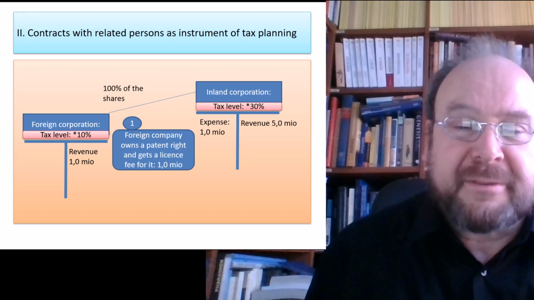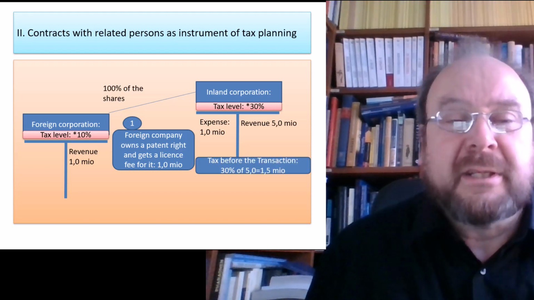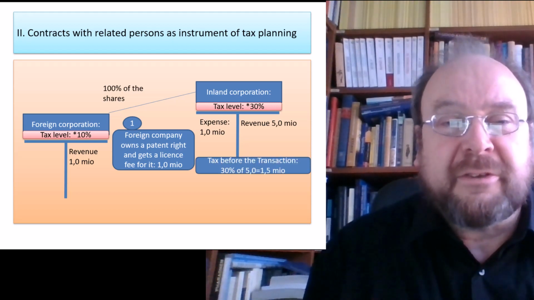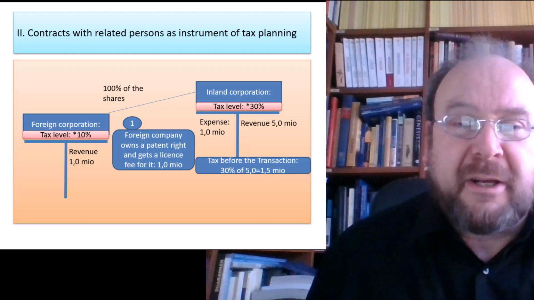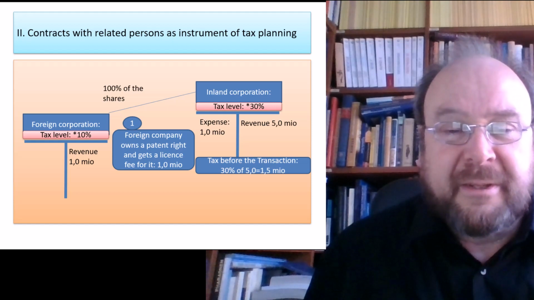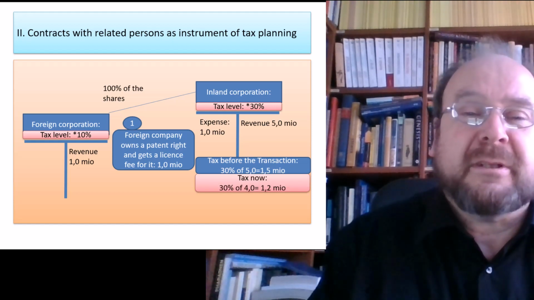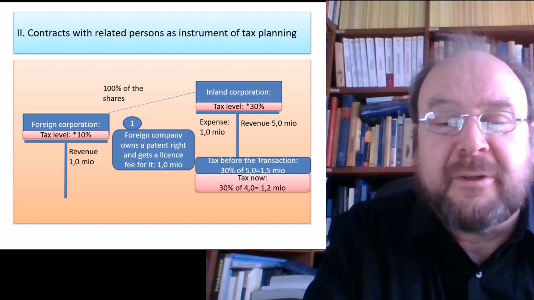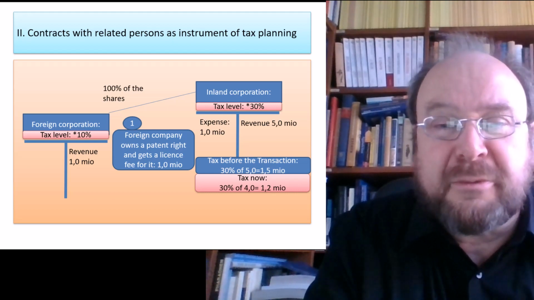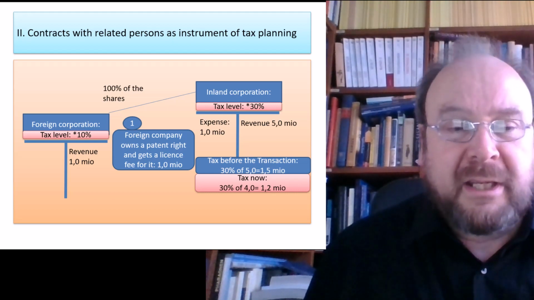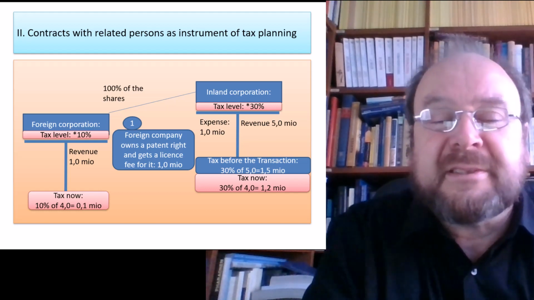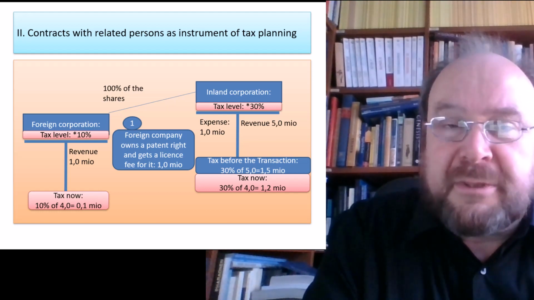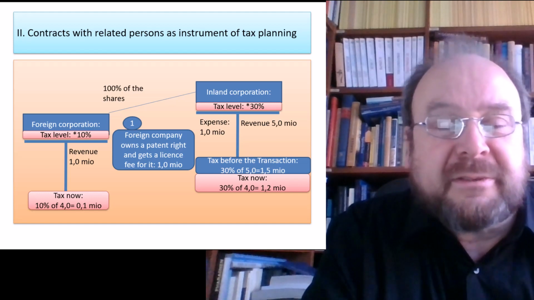So your profit originally was 5 million and the original tax was 30% on 5 million. However, now the situation has changed. Now you have a profit left over in the inland of 4 million. The tax drops down to 1.2 million. And in the foreign country, the tax base went up to 1 million, and so the 10% tax there is 100,000.